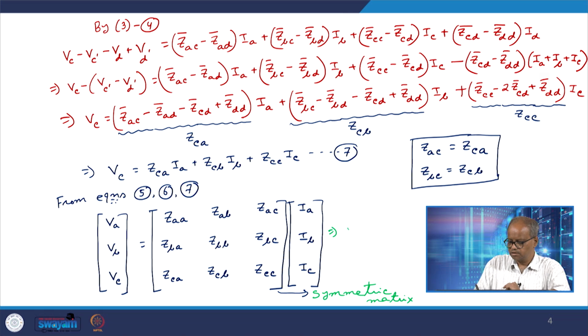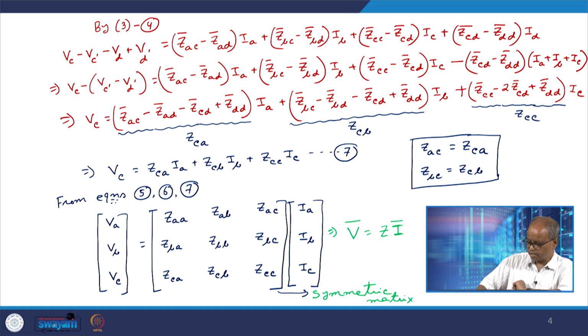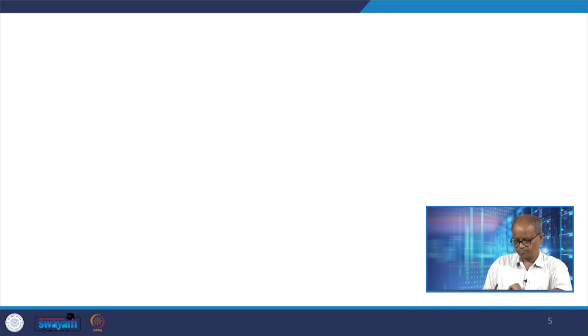So, then therefore, I can write it as vector V is equal to matrix Z into I, correct.